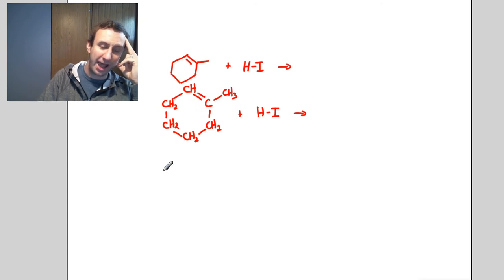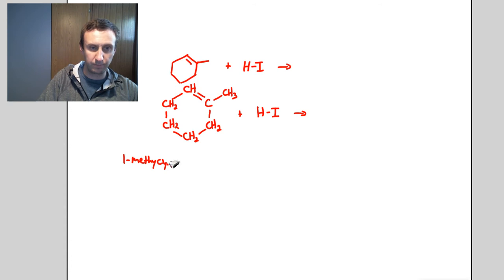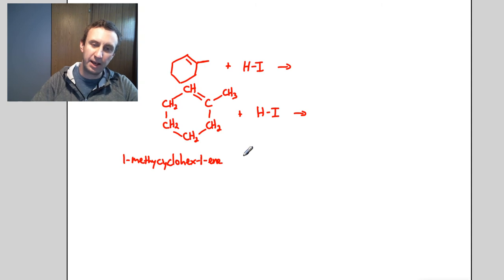So right now what I have as a structure is 1-methylcyclohexene, and I'm adding to this hydrogen iodide.